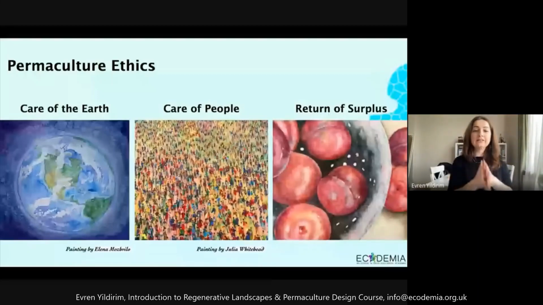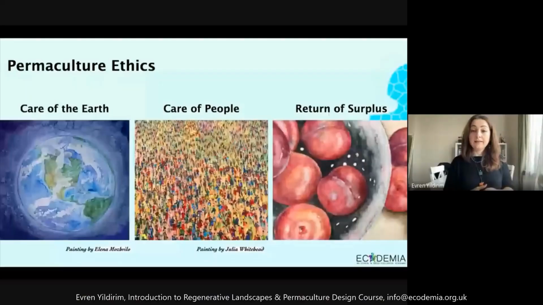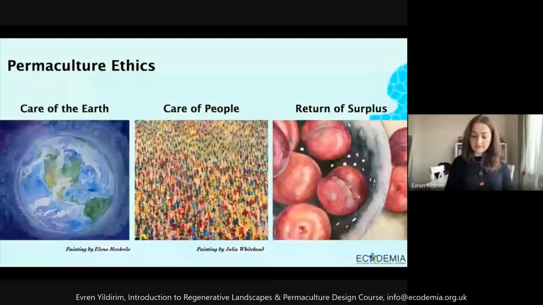These three ethical principles: care of the earth, care of people, and return of the surplus, are cornerstones of permaculture. And we gauge our behavior, we gauge our designs all the time, through the lens of these ethical principles. So that was what I am going to cover in the course.